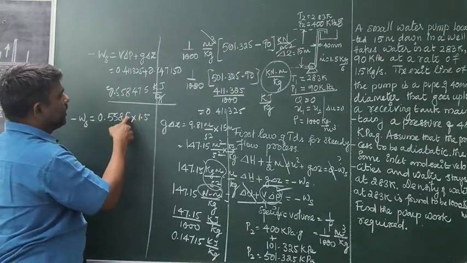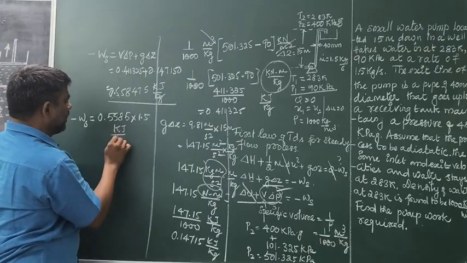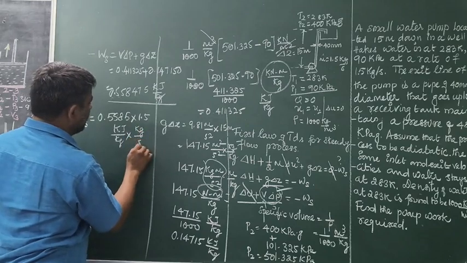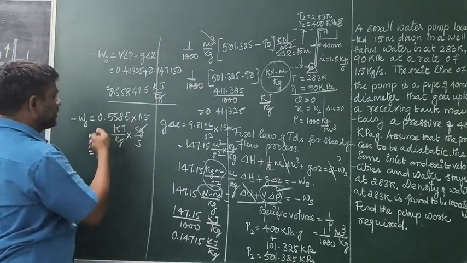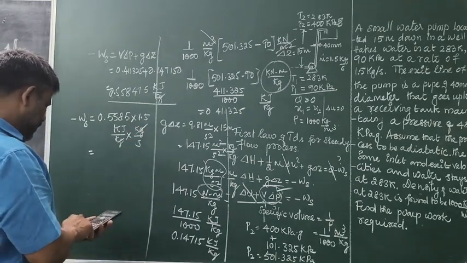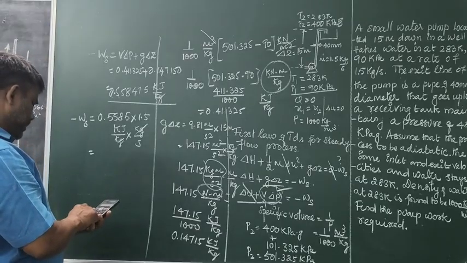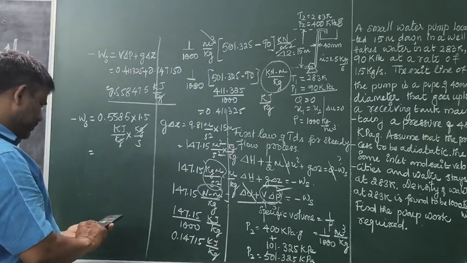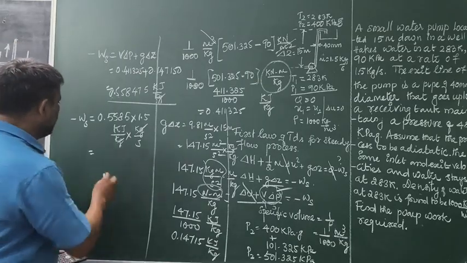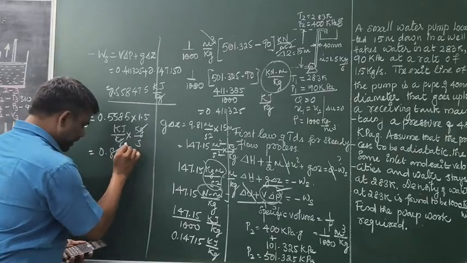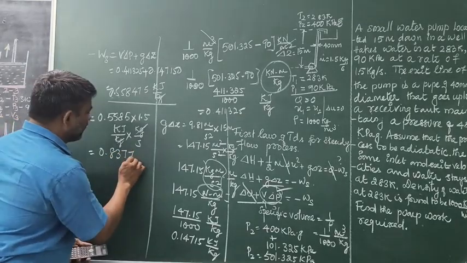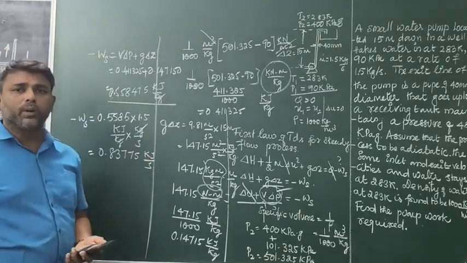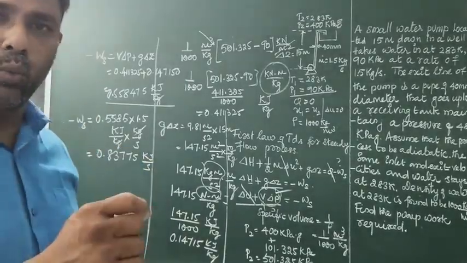The unit is kilojoules per kg into mass flow rate of water in kg per second. Kg gets cancelled. What is the answer? 0.83775 kilojoules per second. Joules per second is nothing but watts.